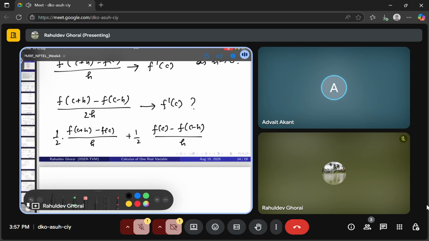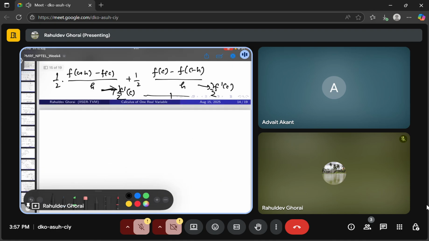Given a differentiable function, this will converge to f prime c, and this will also converge to f prime c, and the total will be half times f prime c plus half times f prime c. So both will add, and if you add it, this will be f prime c.